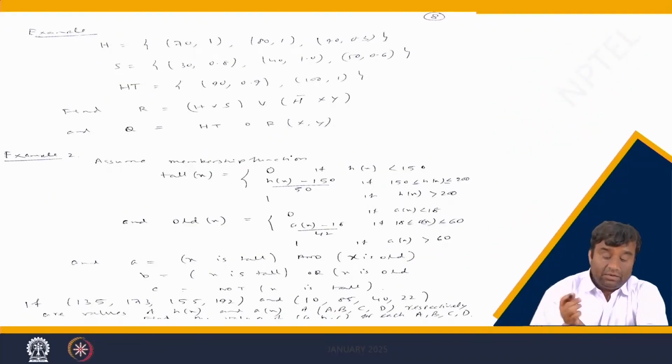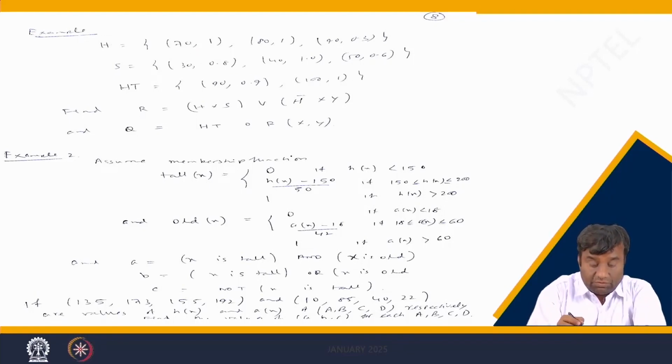Similarly, here are some questions you should try to solve. Given age 71, 81, 90 with 0.3, age is 30 0.8, 40 1.0, 50 0.6. The given ht is 90 0.9, 101.